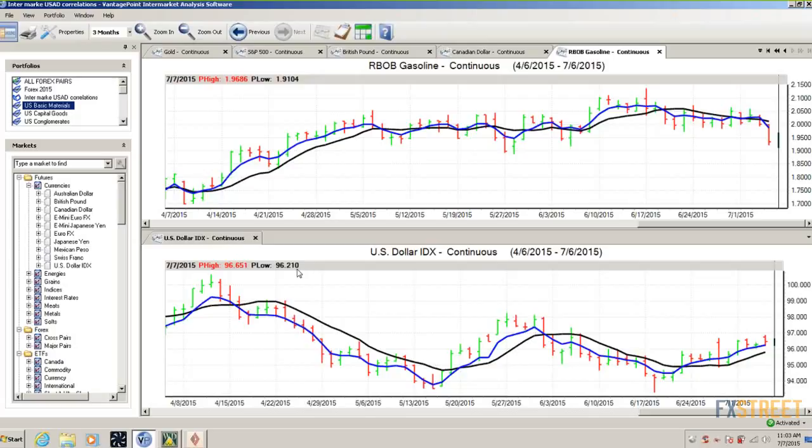Right here, you can see I'm using the Vantage Point Intermarket Analysis software to help guide me through some of this price action. Now, we've recently seen a rising US dollar. This has not been going on for a couple of months here, guys, or even a couple of years. The dollar is actually in a bull cycle.